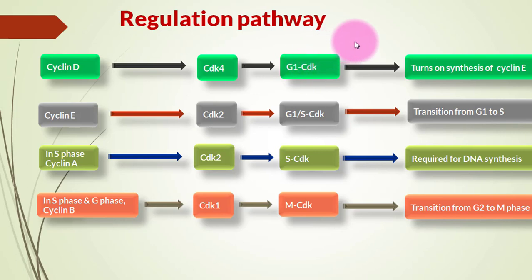This complex will activate the transcription factors of a number of genes, one of them being the cyclin E gene, which turns on the synthesis of cyclin E. When the cell has produced enough cyclin E, it will bind to CDK2, forming a complex called G1 S-CDK, and when this is in enough amount, it will trigger the transition of the cell from G1 to S phase. So now the cell is allowed to go to the S phase by the action of G1 S-CDK.